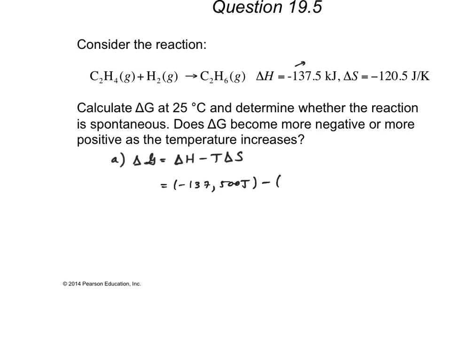This is going to be minus temperature, which is 298 Kelvin, times the entropy value, which is minus 120.5 joules per Kelvin. When we multiply these together and then add them, our delta G overall ends up being minus 101,591 joules. I'm going to convert that to kilojoules, which ends up being minus 101.6 kilojoules.